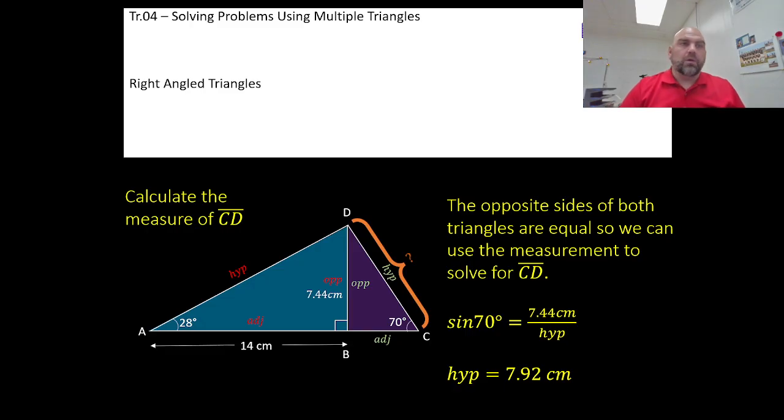All right, so that side is going to be 7.92 centimeters. We've gone through two different steps to solve our question here. We have to find one answer first and then use it to find the next one.